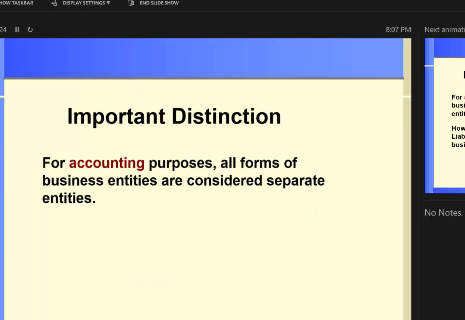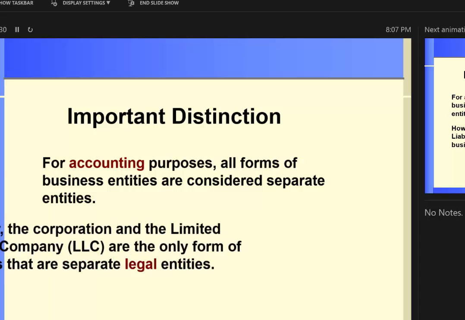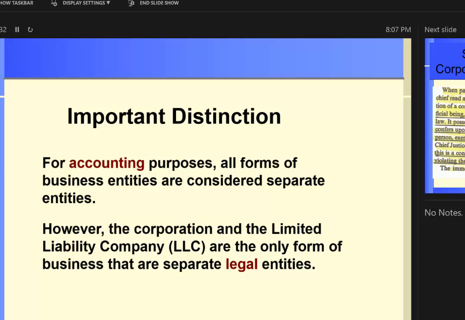Important distinction. For accounting purposes, all forms of business entities are considered separate entities. However, a corporation and a limited liability company are the only forms of business that are actual separate legal entities. So we're talking about business entities versus legal entities.